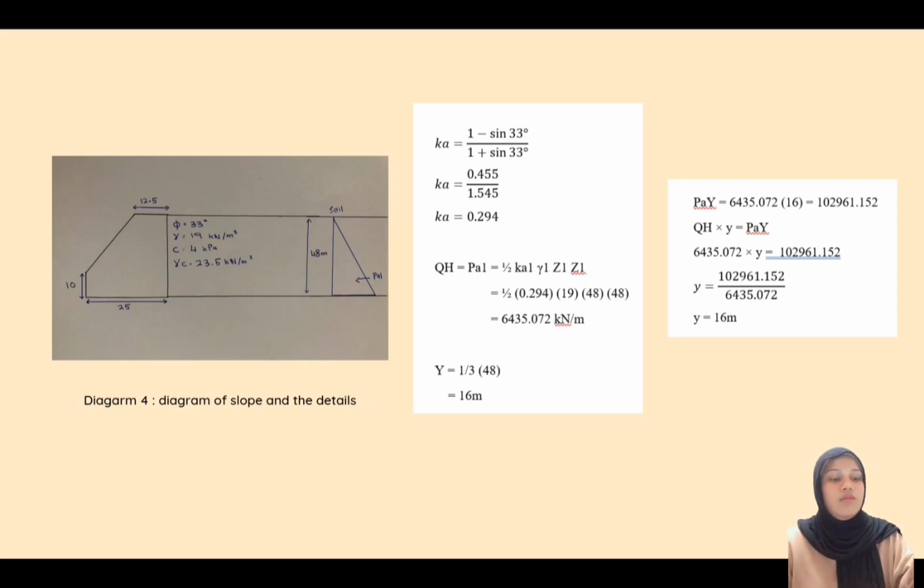And then we move, we got Y equal to 102961.152 over 6435.072. So we got Y equal to 16. Same like we already get it the first one, which is 1 over 3 multiplied by 48, we got 16 also. So that means Y is true.